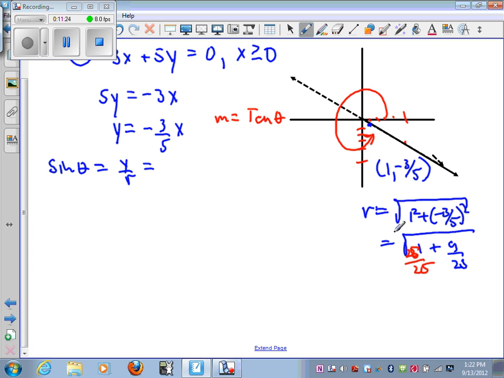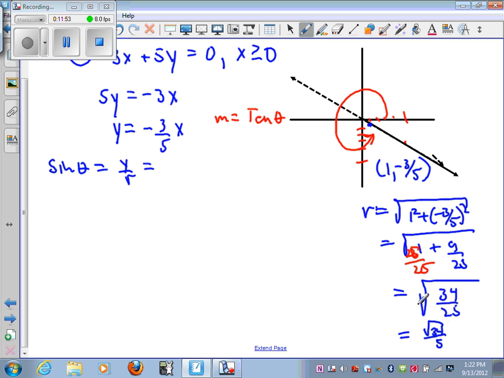And underneath that radical then, I have 25 plus 9 in the numerator, 34 over 25. So it's the square root of 34, square root of 25 is 5, and 34 factors somehow to 17.